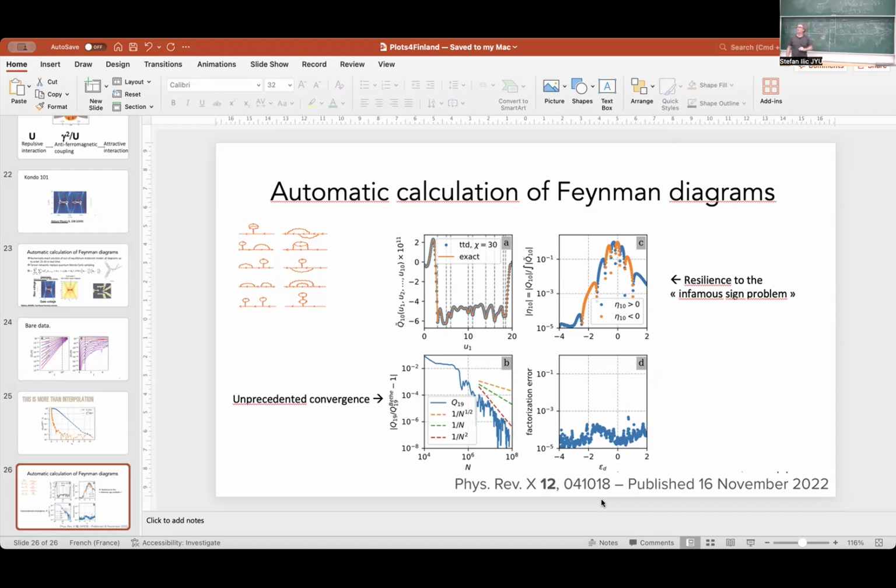So you need to create your circuit 100 million times. That will give you 4 digits. Here it's typically 10 to the 3 in actual calculations. So you just lost 5 digits with respect to a classical algorithm.